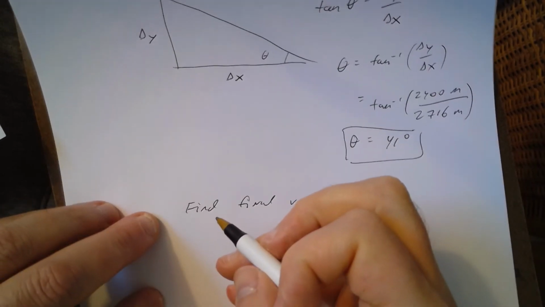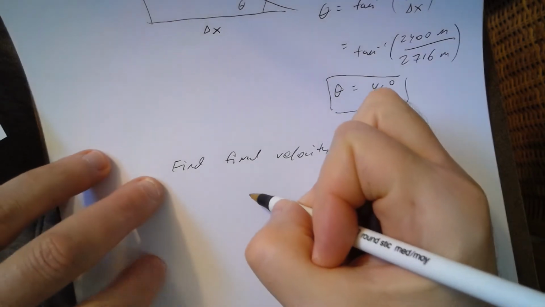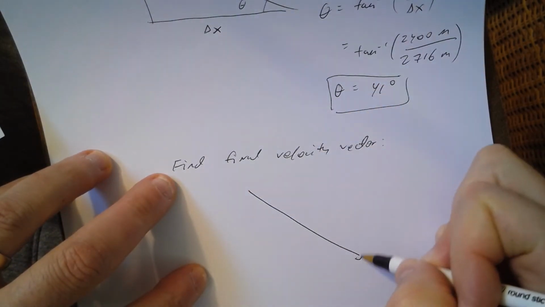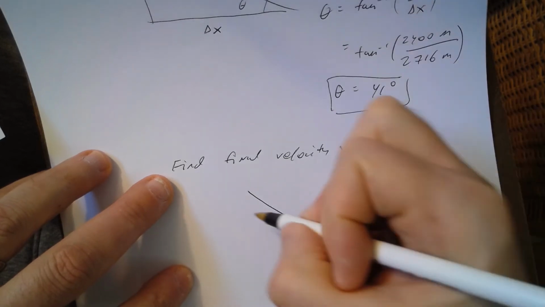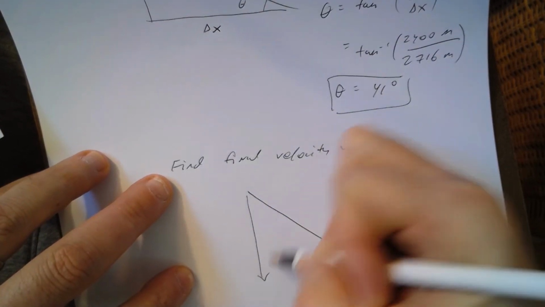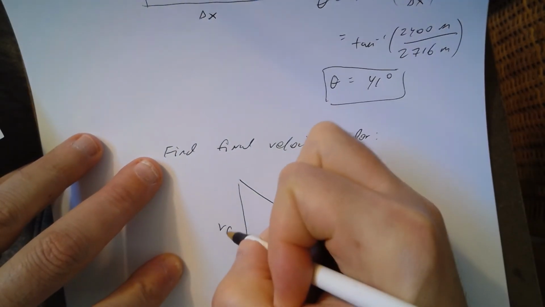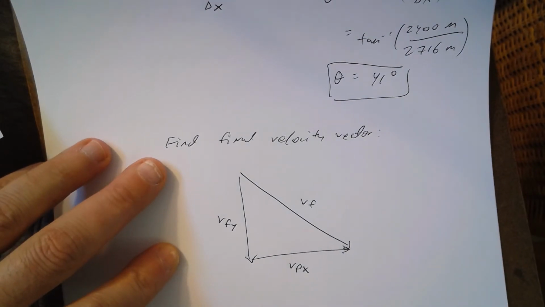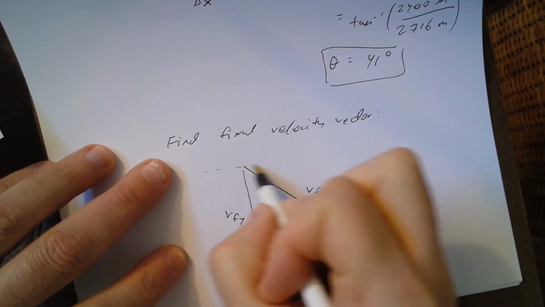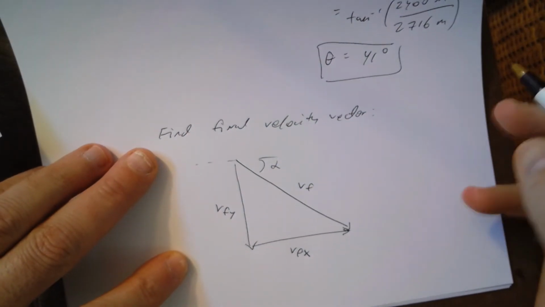In this one, the hypotenuse will represent the final velocity, magnitude and direction, and the other two sides are its components. So this is VF, VFY, VFX, and I'm going to find its direction below the horizontal by this angle, which I'll call alpha, and that angle is also equal to this angle inside the triangle.